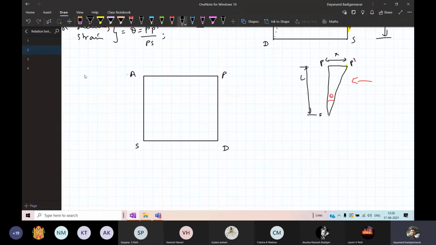So I apply a force. Once I apply a force, it gets sheared. Therefore, this is the angle theta. This much shearing, this is A to A dash. Before I write these, I will draw the diagonals for this. What are the diagonals? So the diagonals are AS. This is the diagonal AS. And there is one more diagonal here, PS.